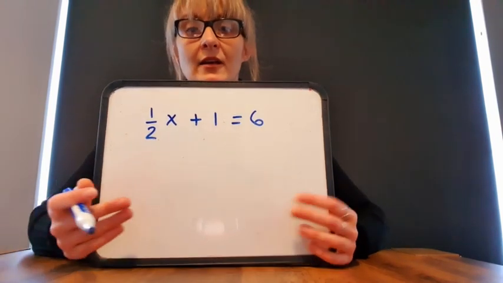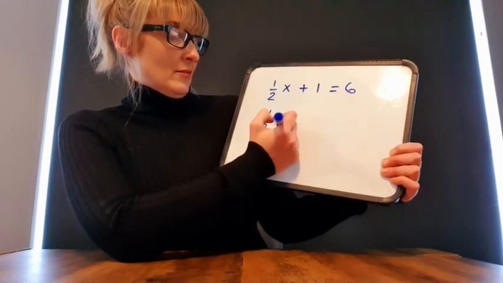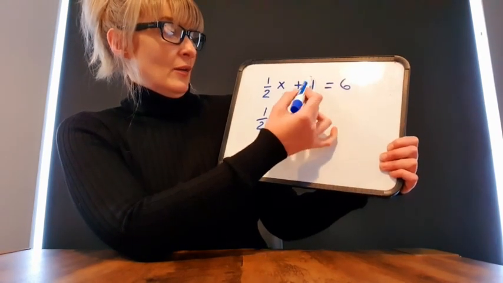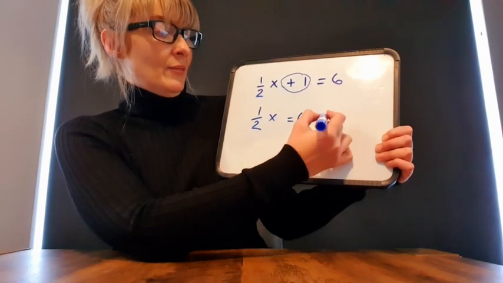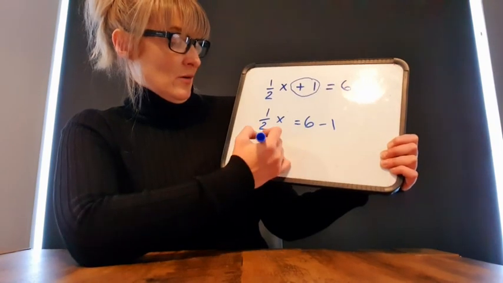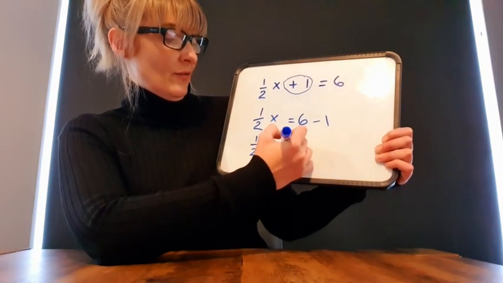So our next line is going to be 1/2 of x equals the 6. We'll take the plus 1 over, and that then becomes a minus 1, which equals 5. 1/2 x equals 5.